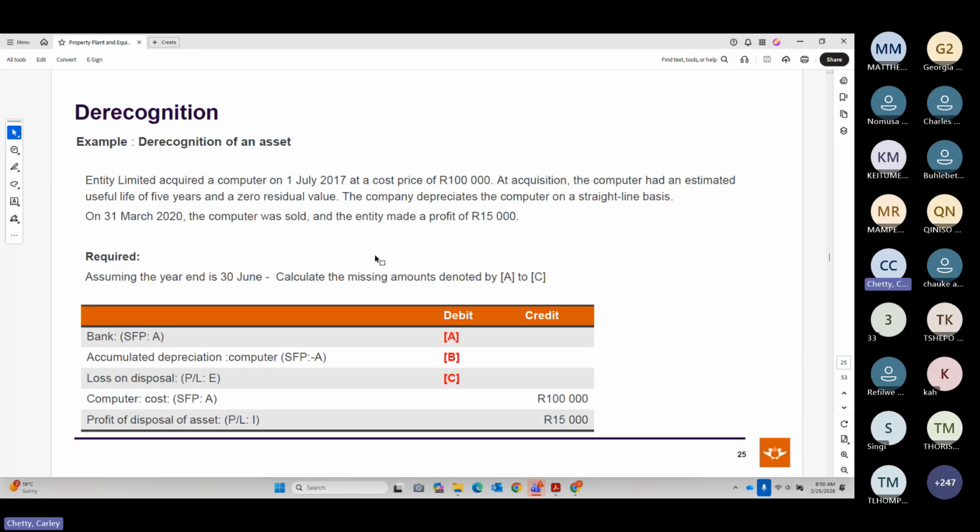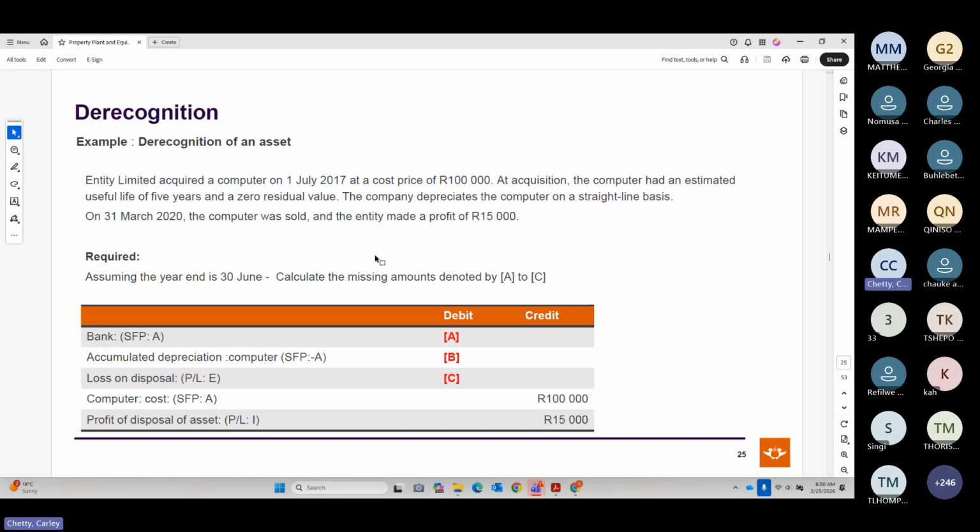So let's look at an example where we have a derecognition of an asset. We have Entity Limited, and they acquired a computer on 1 July 2017 at a cost price of 100,000 Rand. At acquisition, the computer had an estimated useful life of 5 years and a residual value of 0.